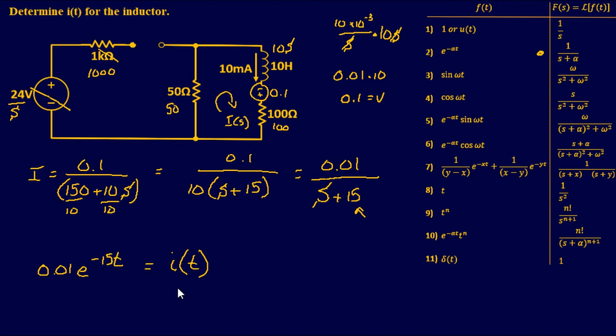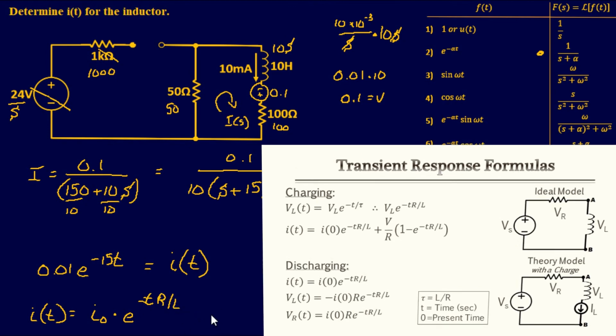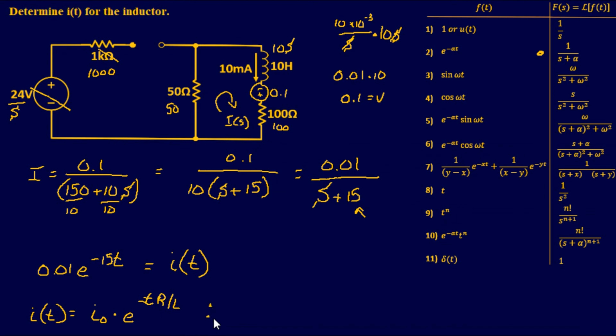Now the good news is if you revert back to our RL transient analysis video, this will also match up, because in that video we had I of t equals your initial current times E to the negative time over resistance and inductance. So if you actually plug and chug that in that equation right there, it's going to be I of t equals your initial current, which is 10 milliamps, times E to the negative t.